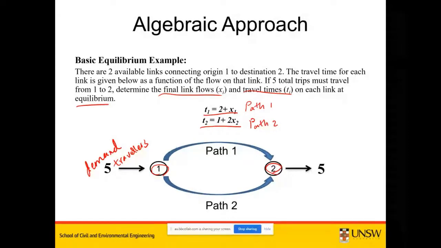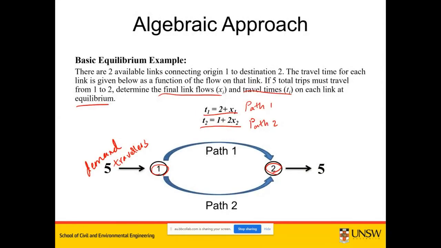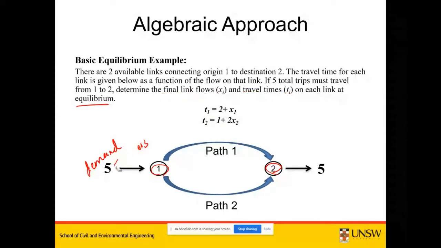So one interesting way of solving this problem is we can actually look at it from an algebraic perspective, where we can set up some simultaneous equations. So let me try to write it here instead of going through the slides. I hope you get a better sense of that in the next one. So what does user equilibrium say?